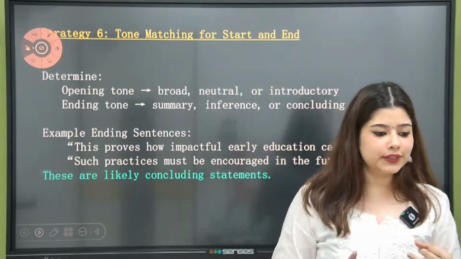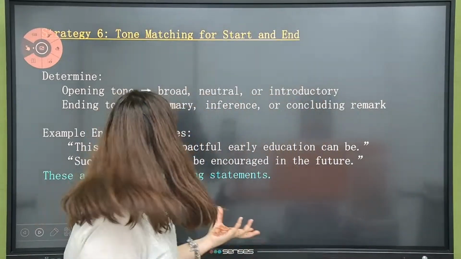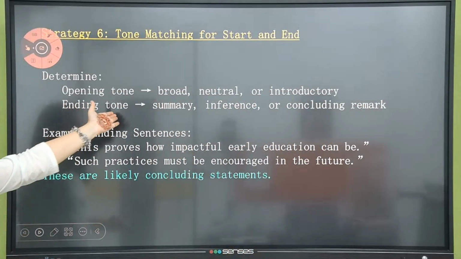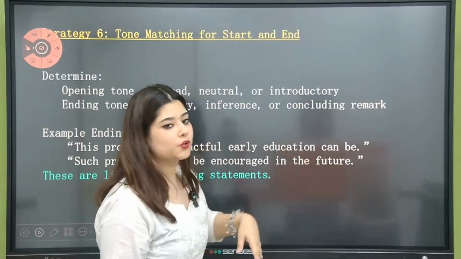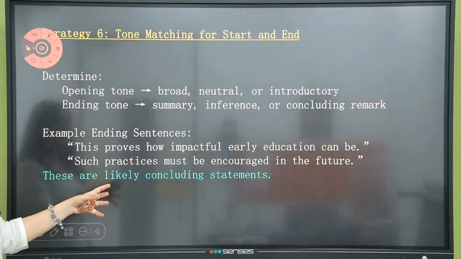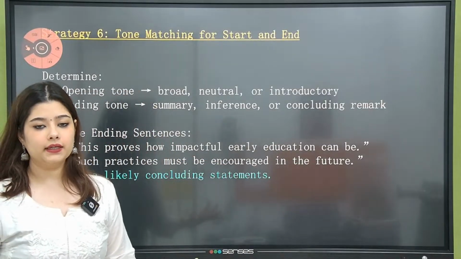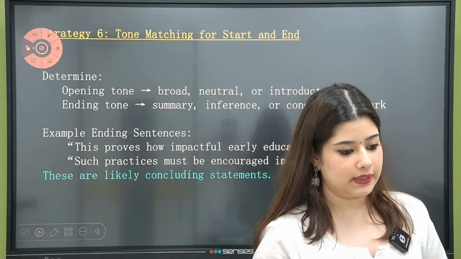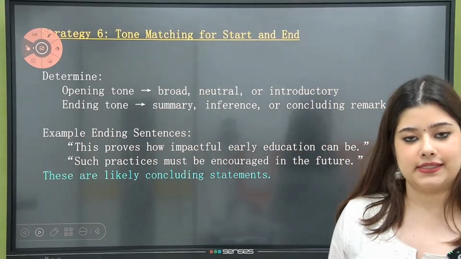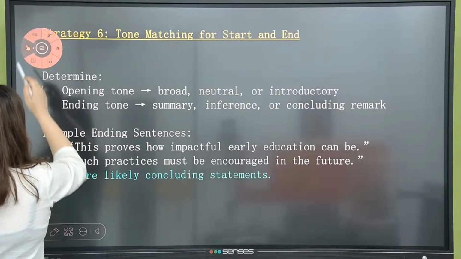A conclusion or inference could make good closing statements. Examples of ending sentences: This proves how impactful early education can be. Such practices must be encouraged in the future. So, inference based statements, conclusion based statements, and final summation based statements could make good closing statements.